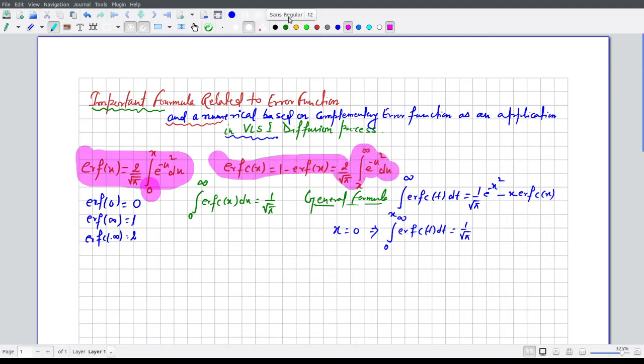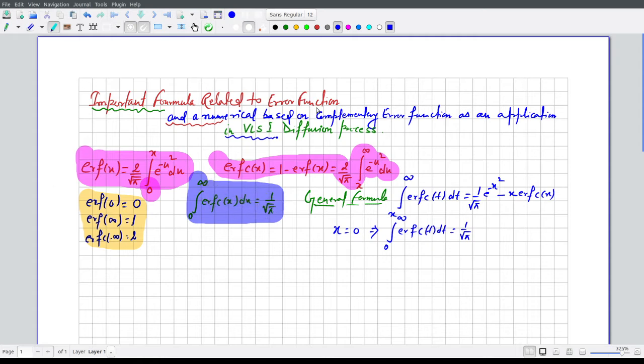The next one: the integration formula that we will use in the numerical of the diffusion process where the complementary error function is used.